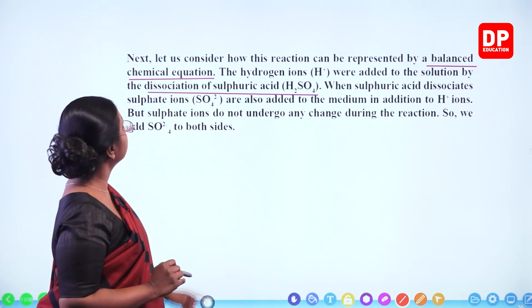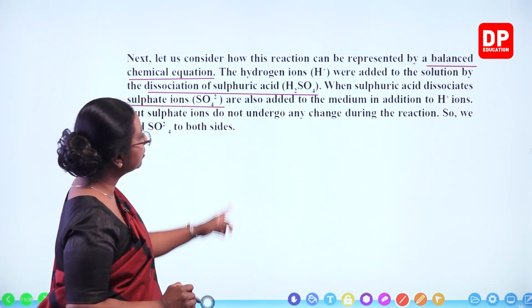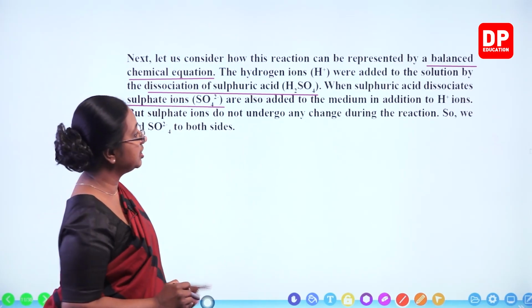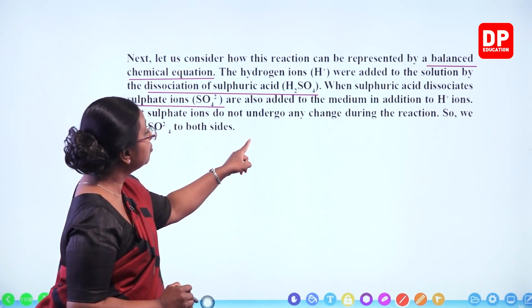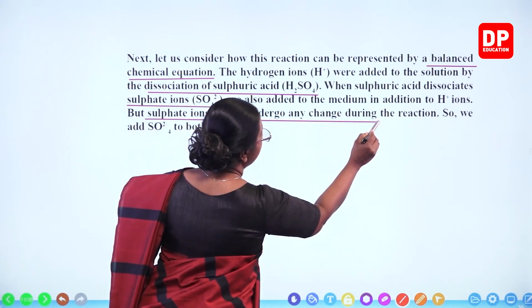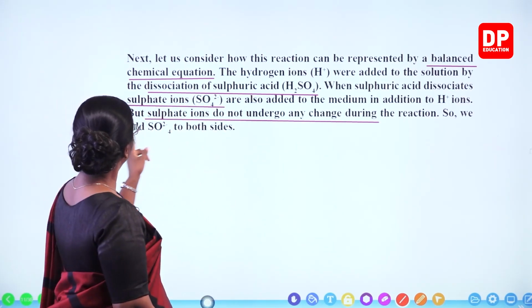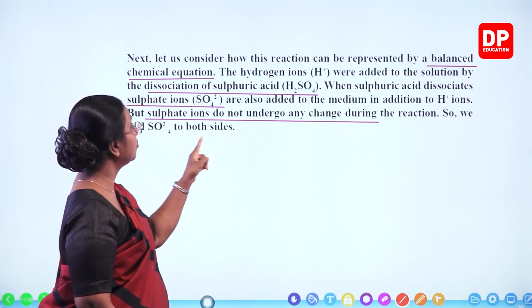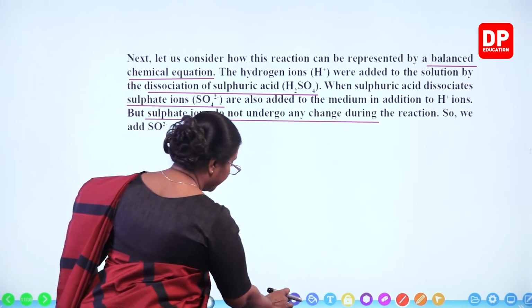When sulfuric acid dissociates, sulfate ions are also added to the medium in addition to H plus ions. But sulfate ions do not undergo any change during the reaction. So we add sulfate to both sides. Is that clear to you all? We did that before also.